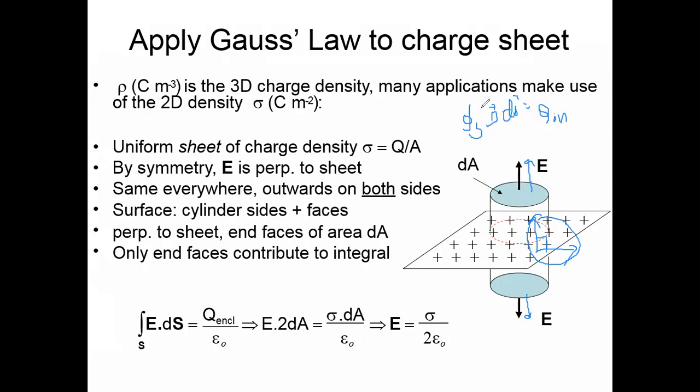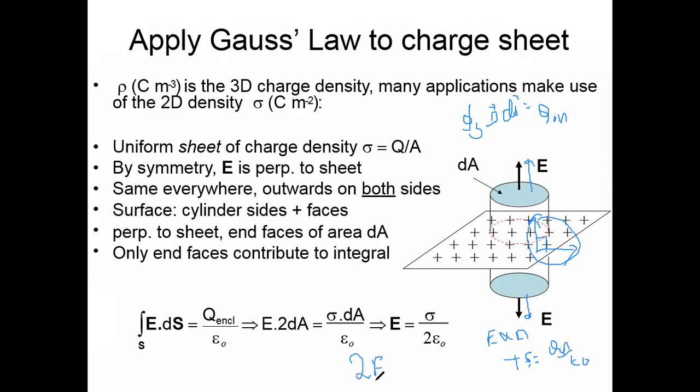E will come outside, and the integral of dS is A. Suppose the area is A, then I will write E times A. Very easy. E times A plus again E times A is equal to Q enclosed by epsilon naught, because I have taken epsilon naught to this side. So this will become 2EA.